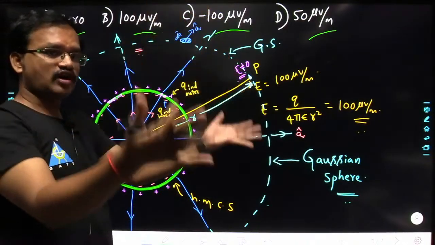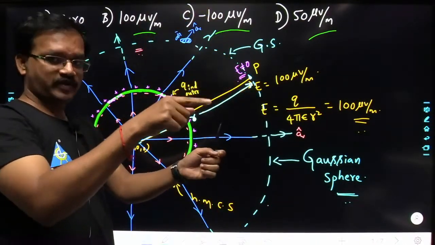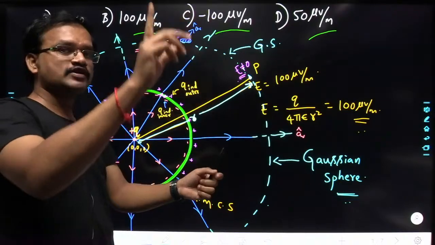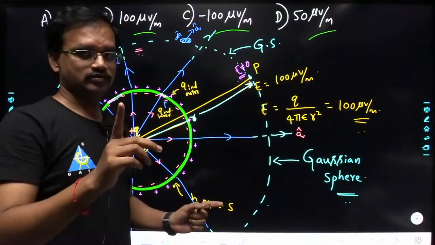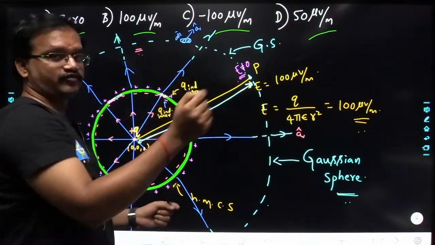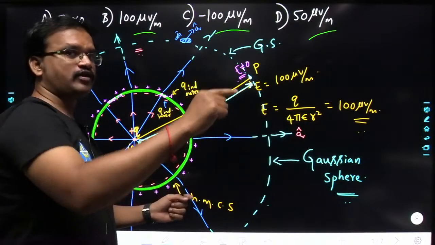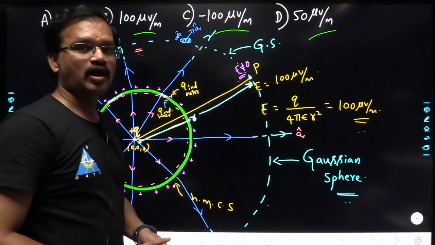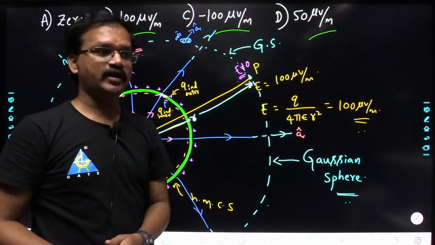On the surface of the sphere, if you draw a normal, it always points radially outward, that is the a_r cap direction.